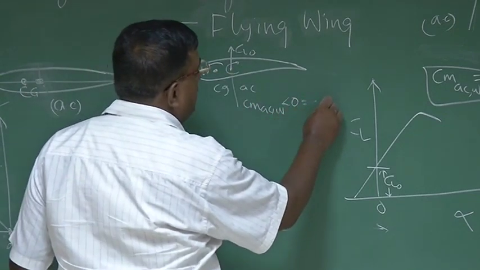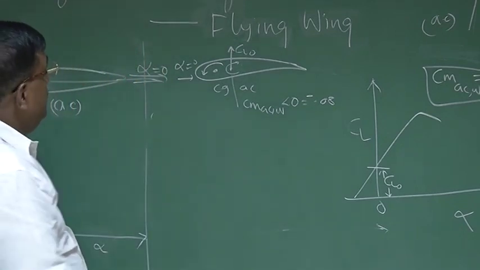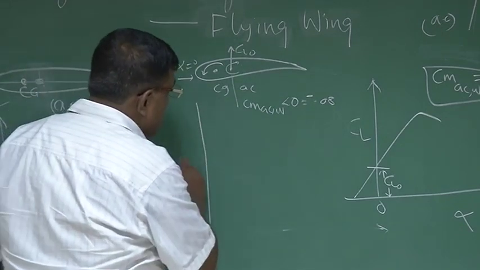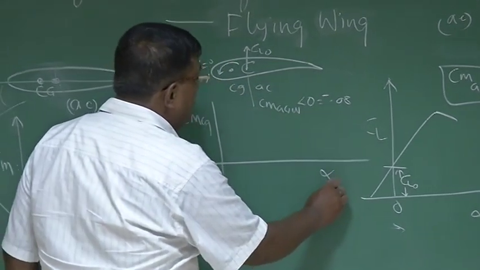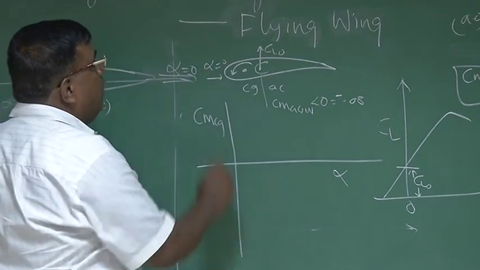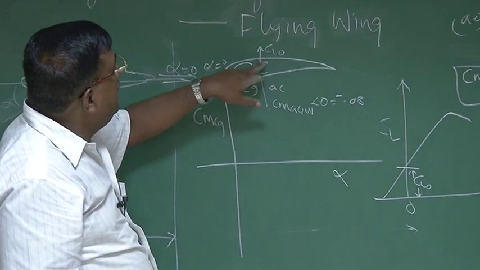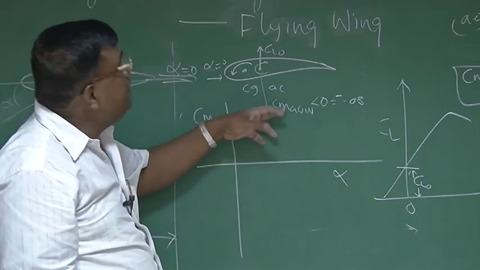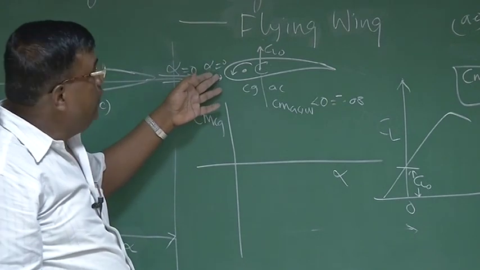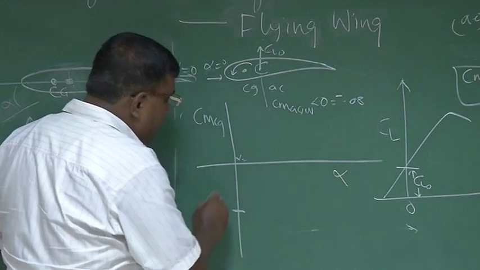Typical value will be minus 0.08, minus 0.05. The point to understand is, if I plot CM CG versus alpha, at alpha equal to 0, this CL naught will give a nose down moment, which is negative. CMAC is already negative. So at alpha equal to 0, I will get some value here.